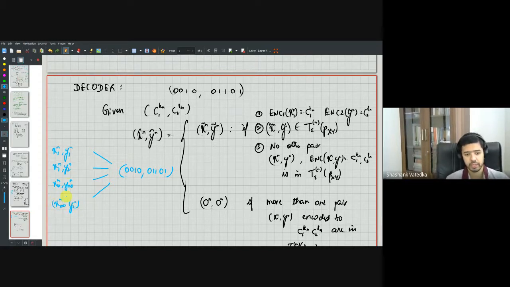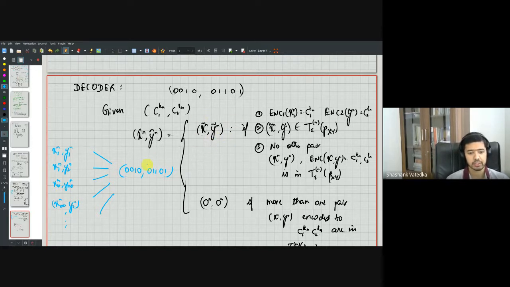Maybe these pairs all map to this pair of code words. So x1n is mapped to this, x10n is mapped to this, and x100n is mapped to this, and y1n, y2n, y20n are mapped to this, and there could be multiple such sequences which are mapped. So now you have a list of candidate message pairs for this particular code word pair, right? Among these, some of these could be jointly typical, some of them may not be. So in this list, if there is exactly one pair which is jointly typical, then the decoder outputs that.